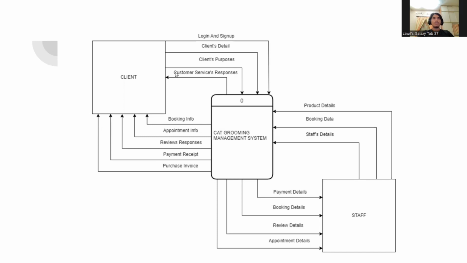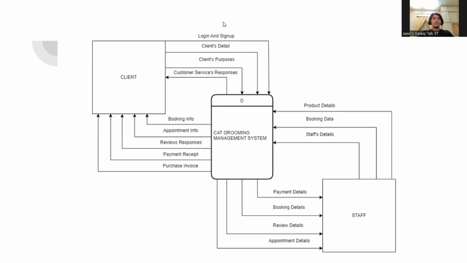It also shows the interaction between external entities and major processes. You can see we have two external entities, which are client and staff, and we have many major processes. It also shows how the major processes and entities are interrelated by the data flows.